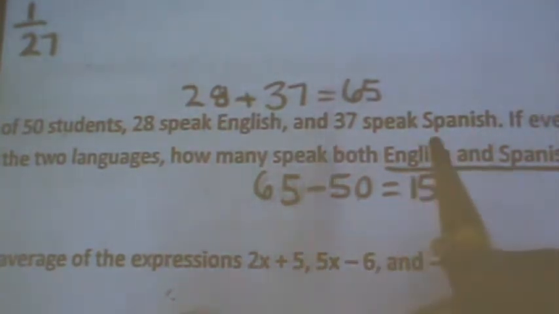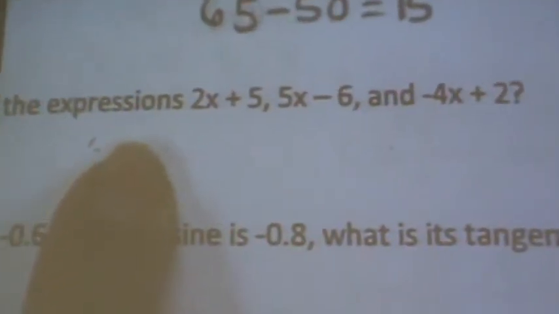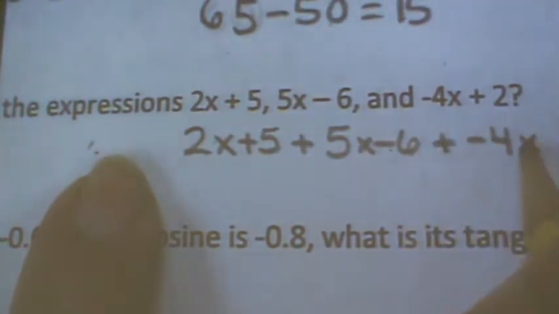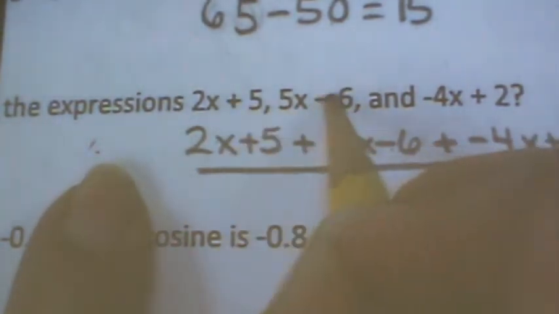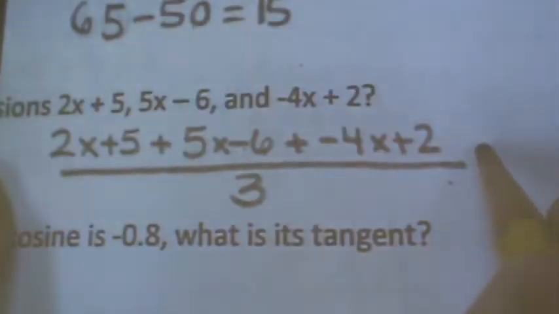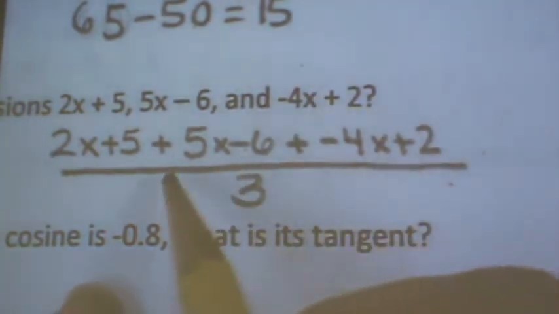Average. How do you do average? You're going to add 2x plus 5, plus 5x minus 6, plus -4x plus 2. How many numbers do we have here? 3. What would this be? How do you simplify this?